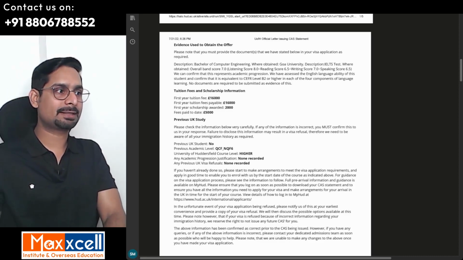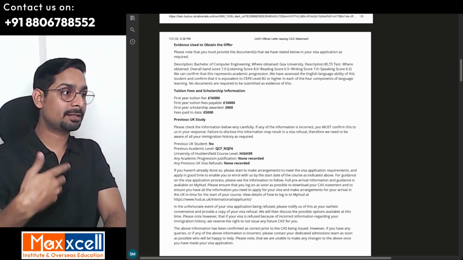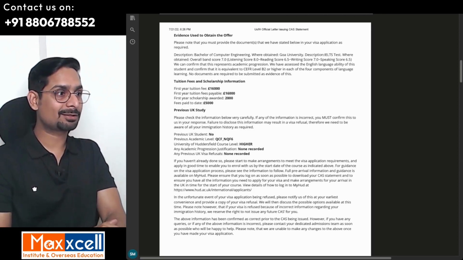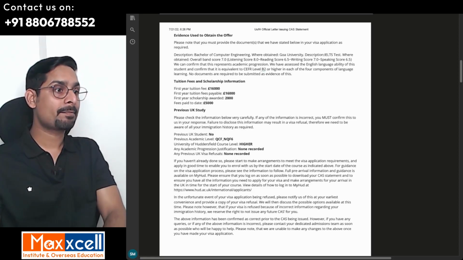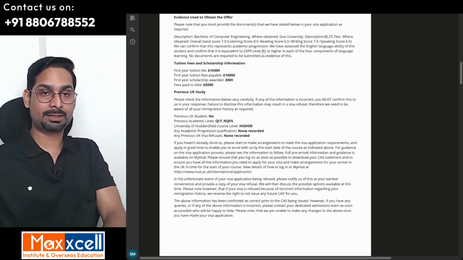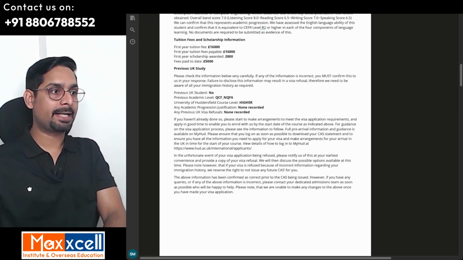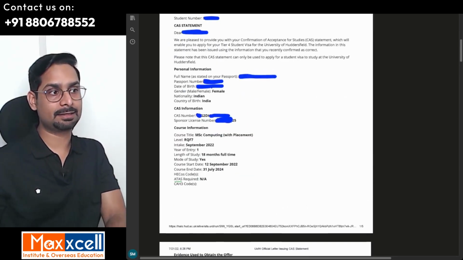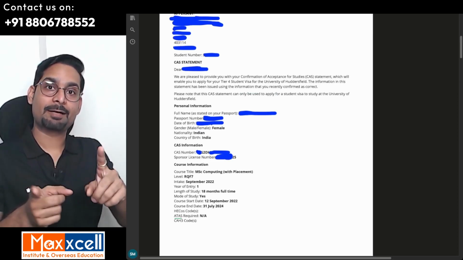All the documents: the degree, mark sheet, certificate, the IELTS score or any other English proficiency score, the level of English proficiency you showed during your application, the total tuition fee, the scholarship received, the amount you paid to the university, and whether you have studied previously or not. You will get all these details in the CAS statement, because this CAS statement you are going to use to apply for visa.